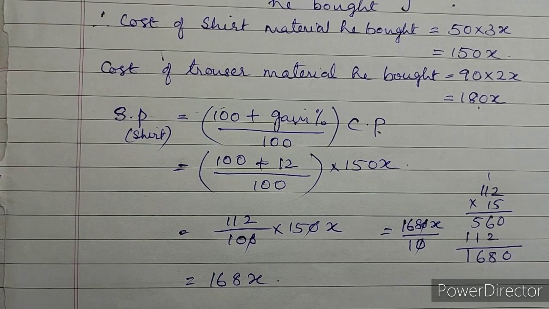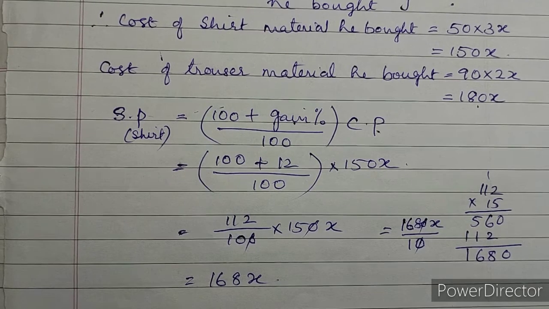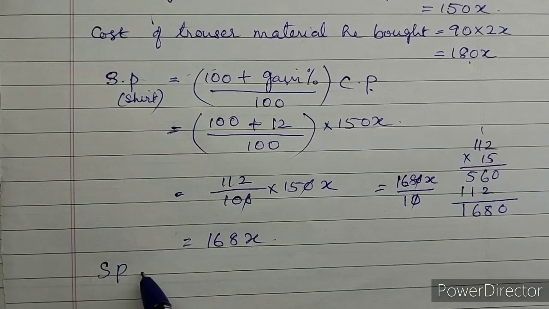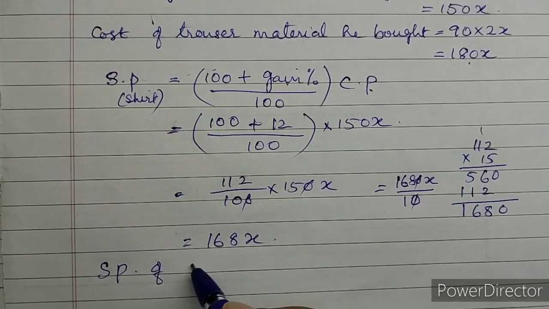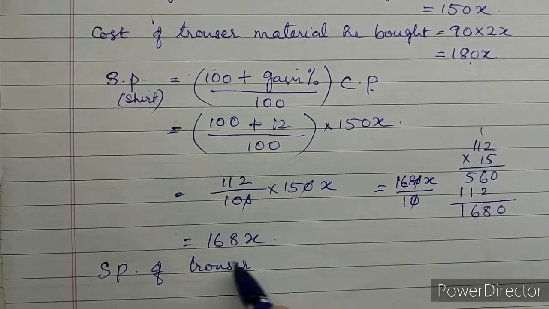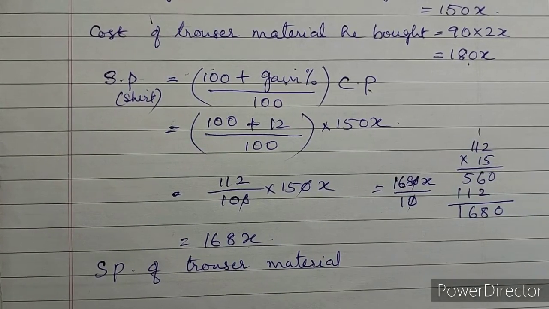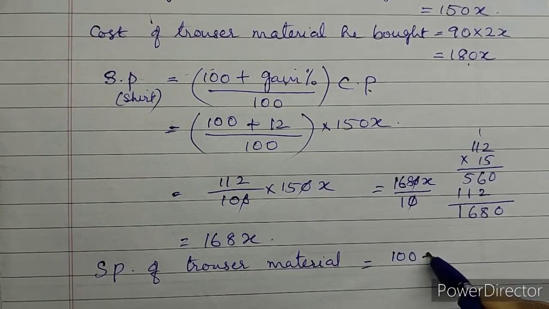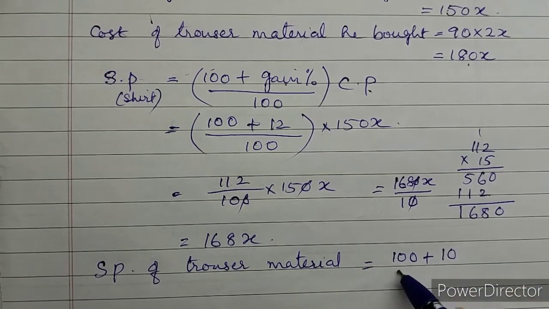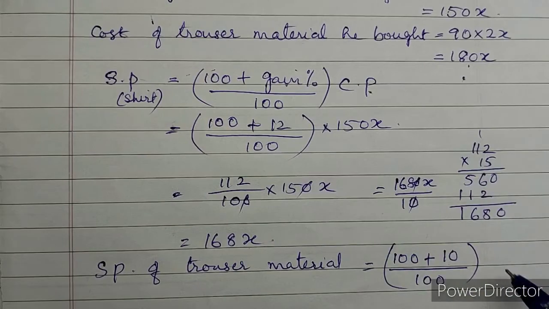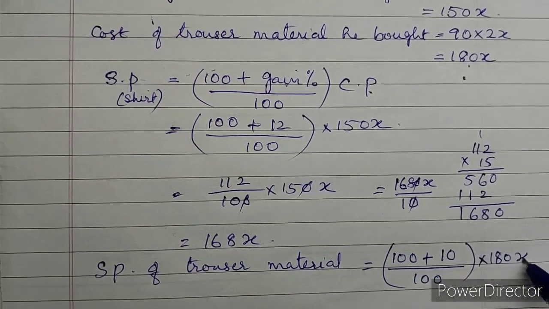Now in a similar way you have to find the selling price of trouser material. What is the gain percentage given there? It is 10%. So same formula you have to use. That is (100 plus gain percentage, 10) divided by 100 into total cost, 180x.